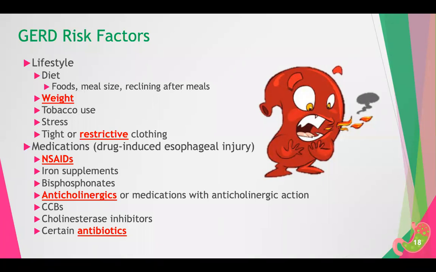So our NSAIDs, like our Motrin, Aleve, iron supplements can increase the risk for GERD, bisphosphonates, anticholinergic medications or medications that have that anticholinergic action, calcium channel blockers, cholinesterase inhibitors, and even certain antibiotics. So all of these medications have the potential to cause esophageal injury. And if not caught in time, it can be a risk factor for developing gastroesophageal reflux disease.